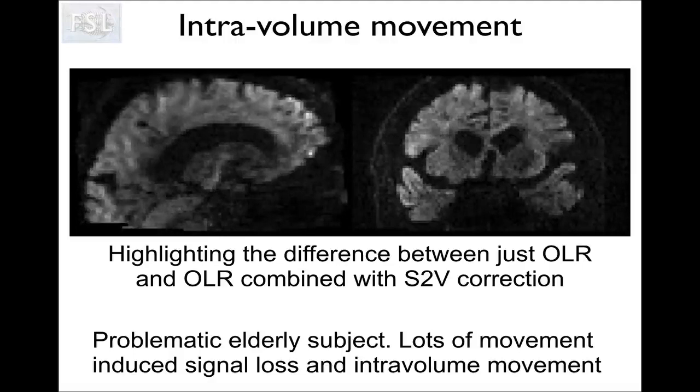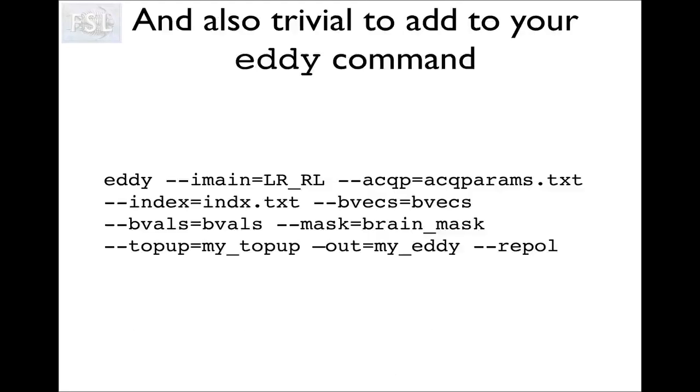And again, it is trivial for you to use this yourselves. All you need to do is to add this --mp_order equals 16, for example. And this is just an example. So MP stands for movement parameter, and order is just order. Regular volumetric motion correction will correspond to MP order equals 0.